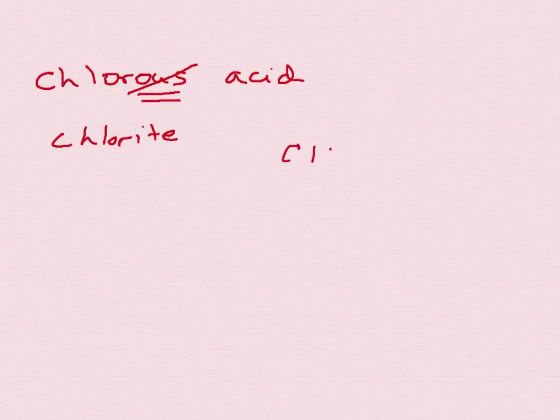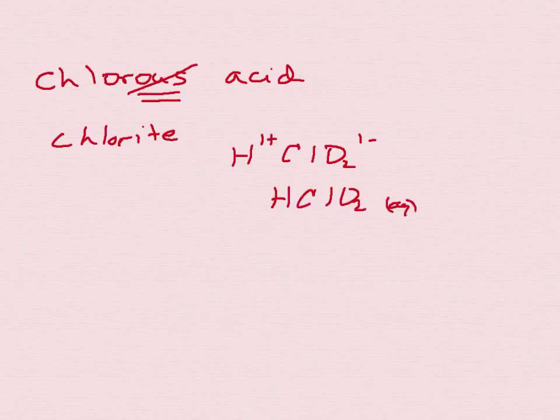Now chlorite is ClO2 with a 1- charge. Put that together with a hydrogen ion and you will get an H plus and a 1-. They are balanced. When you crisscross those, there's no need to add any subscripts. Therefore, your final answer would be HClO2 and an AQ subscript. That's the chemical formula that goes with the name chlorous acid.